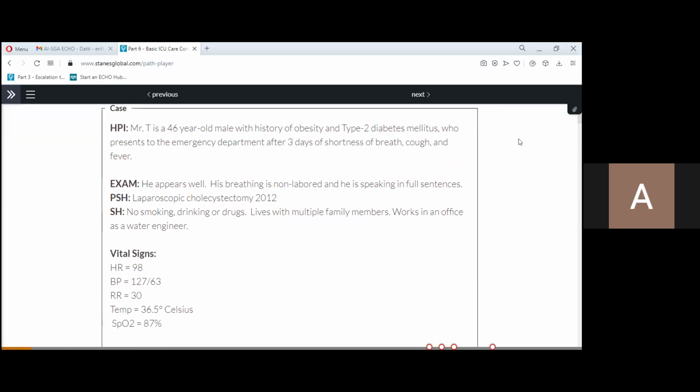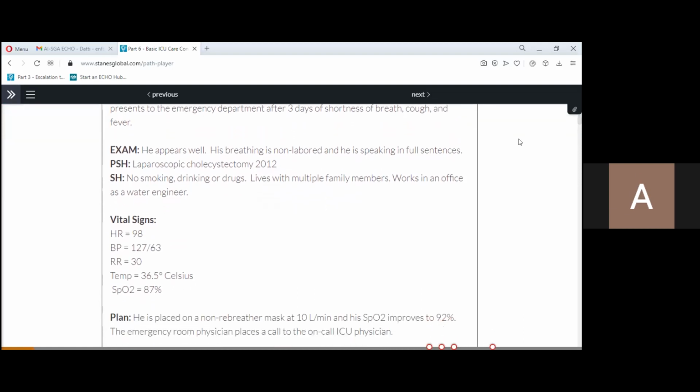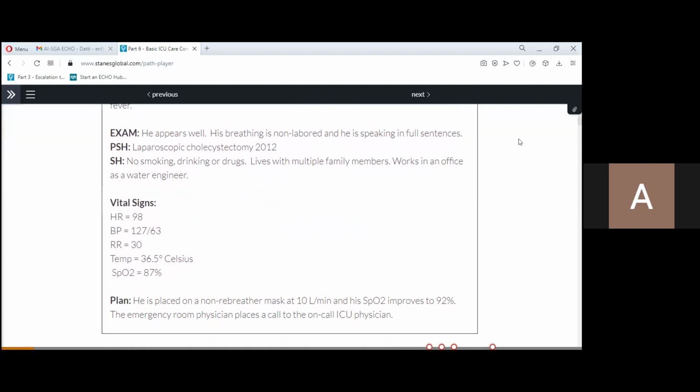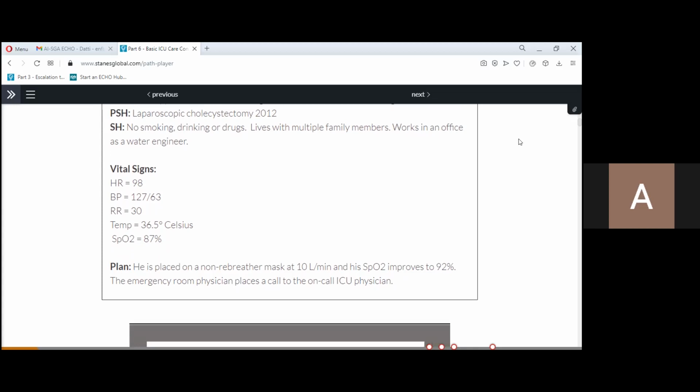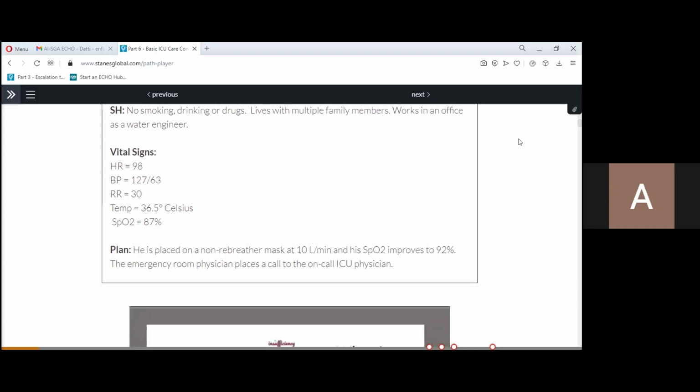His vitals were heart rate of 98, blood pressure 127/63, respiratory rate slightly on the high side but not labored, at 30 cycles per minute, and his temperature is 36.5 degrees Celsius. However, his SpO2, that's saturation, using pulse oximetry was 87%.